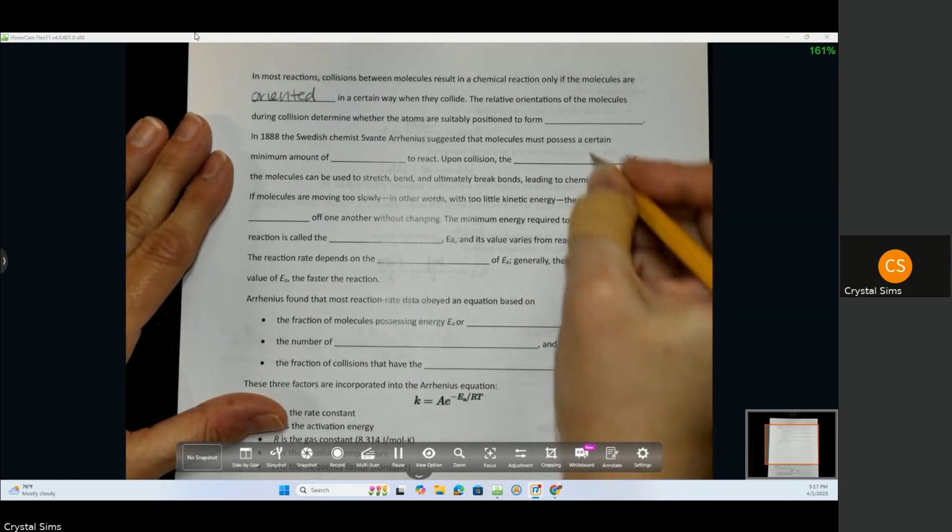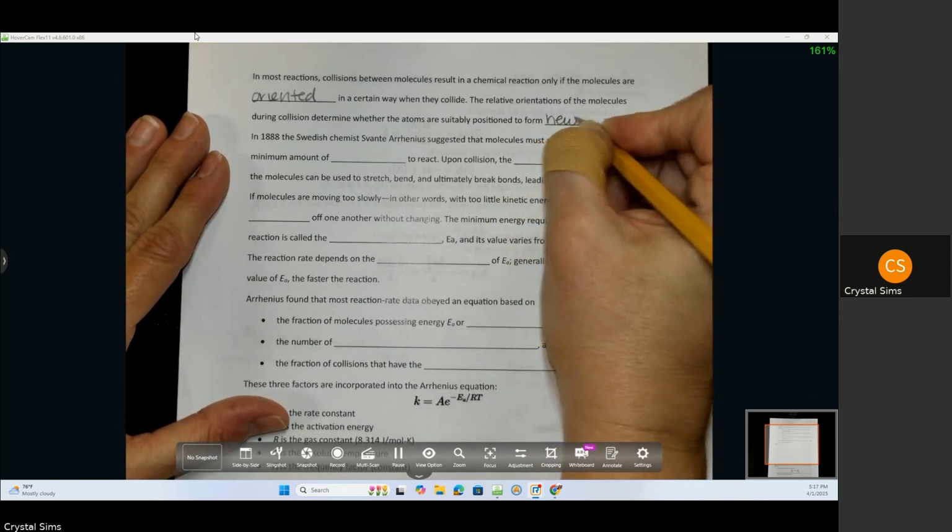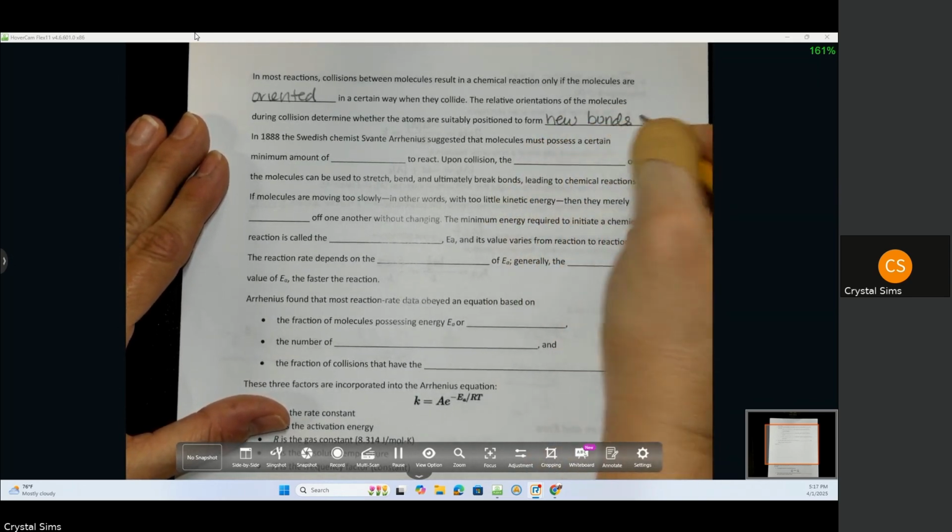The relative orientations of the molecules during that collision event determine whether or not the molecules can form new bonds. So when these molecules collide, we may have breaking of bonds, and then we're certainly going to have the creation of new bonds.